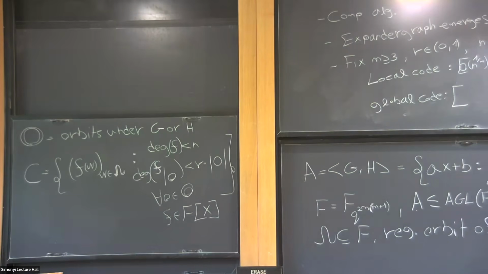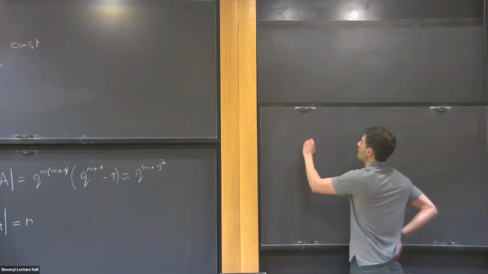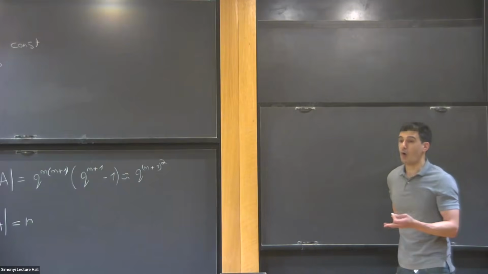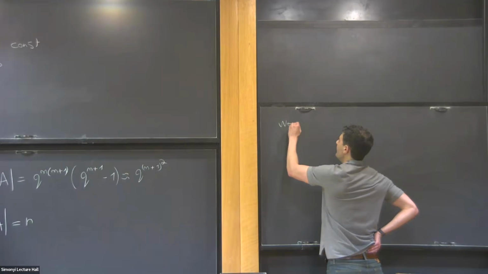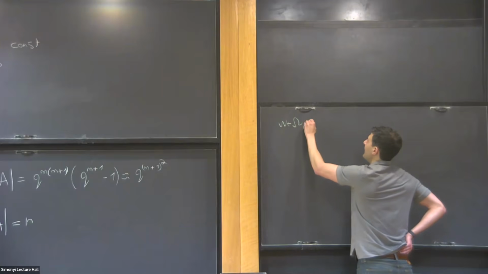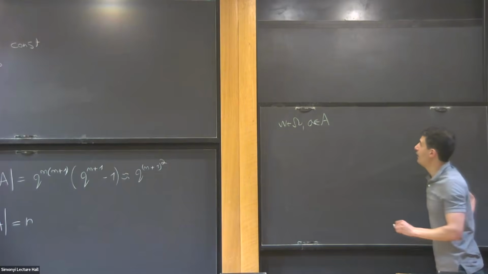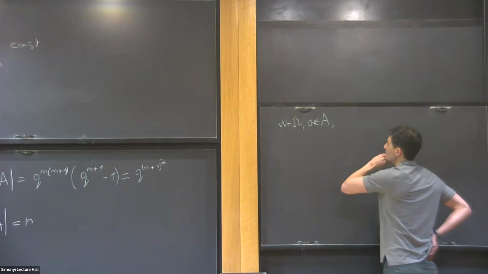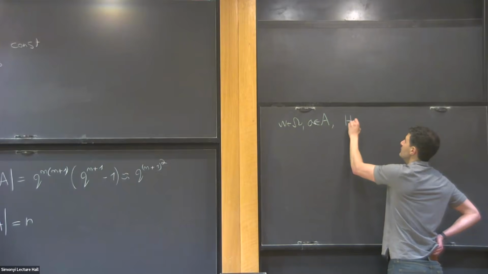Okay, so let's be more precise. I said that the graph emerges from the construction. So what is the graph? First, let's understand what orbits look like. If I take an element in omega and an element in capital A, an orbit of H looks like this.